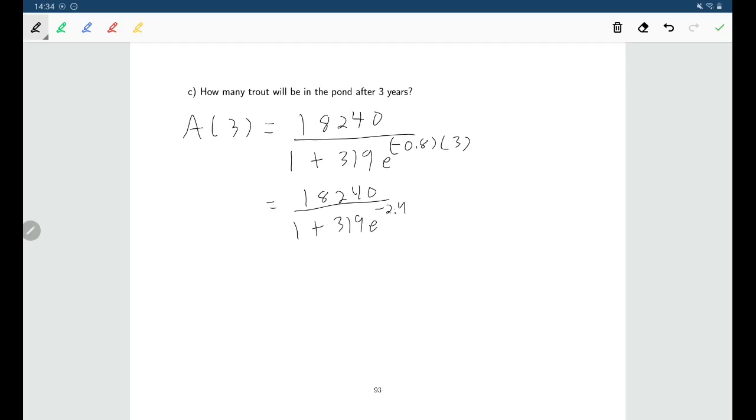And when I ran this through my calculator, I got about 609.2. So in 3 years, there will be 609 trout.